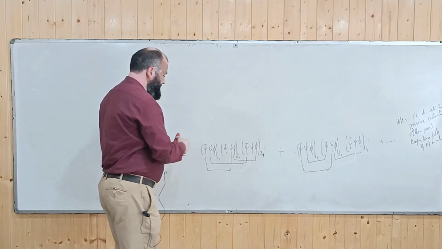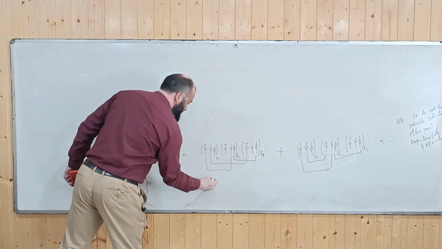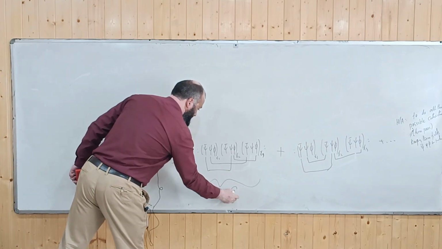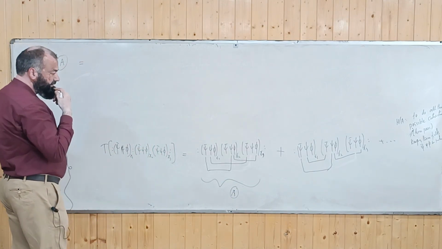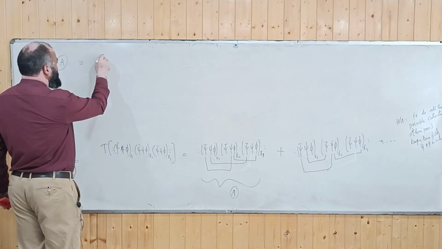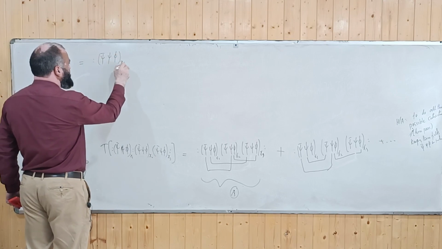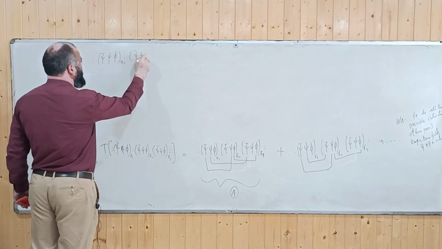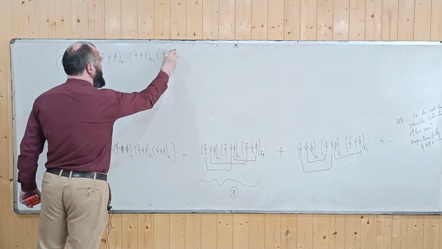Okay, so let's look at this first term. What is our first contraction? Let me call this A. So our A is equal to something like psi bar psi phi at x1, psi bar psi phi at x2. After this very thing, I will stop.